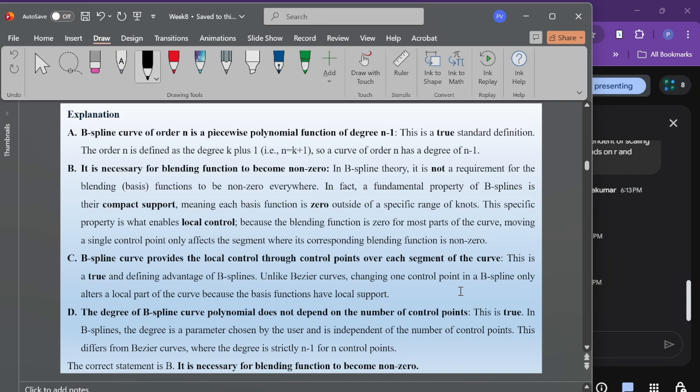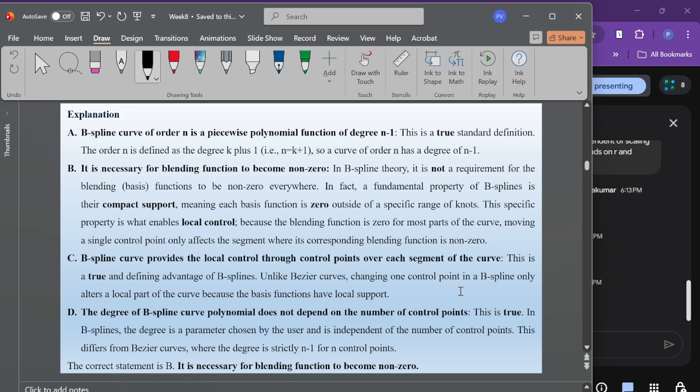This property is what enables local control, because the blending function is zero for most of the curve, so moving a single control point only affects the segment where its corresponding blending function is non-zero. Okay, so this is not a correct option. It is not necessary to be non-zero everywhere.